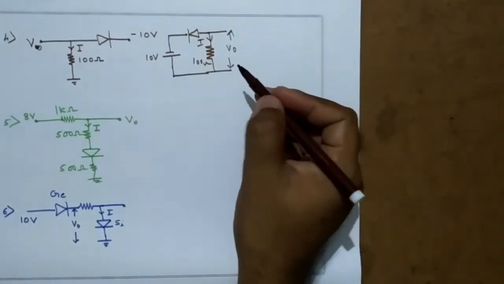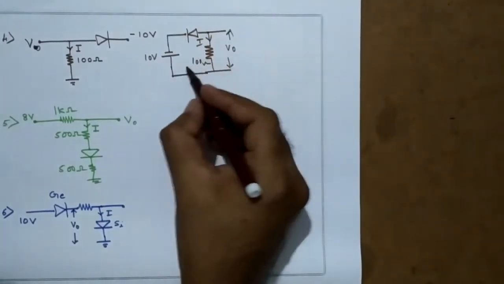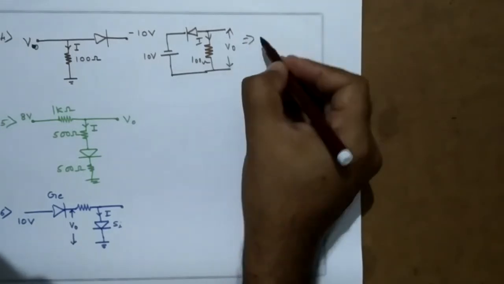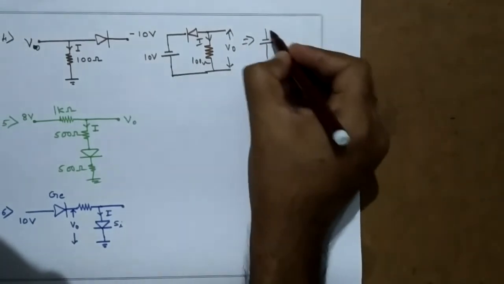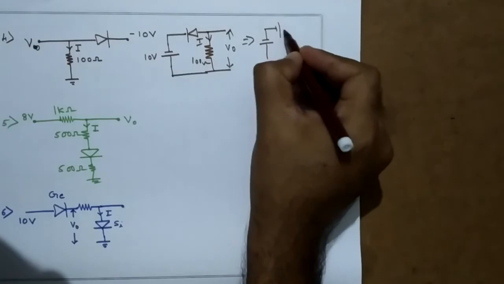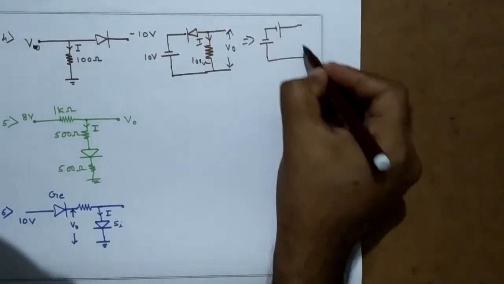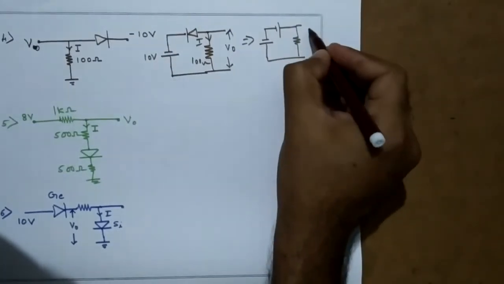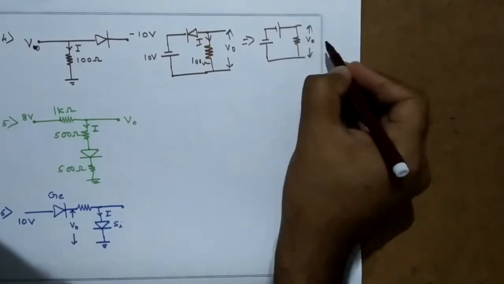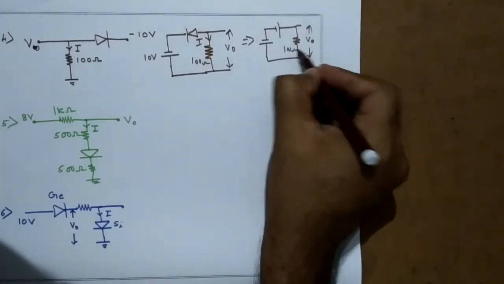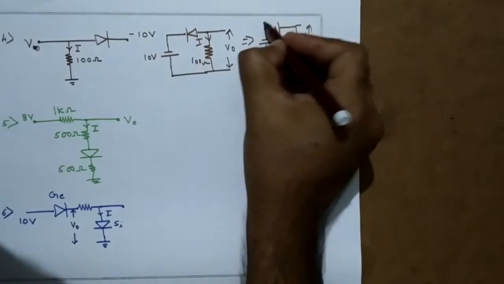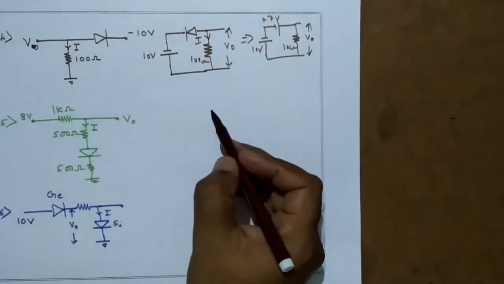Now the diode is forward biased. We replace it by 0.7 volt. Lower potential, higher potential. This is V naught, 100 ohm, 10 volts, 0.7.